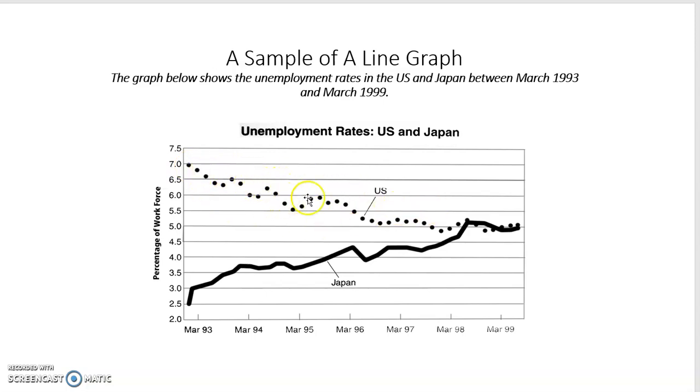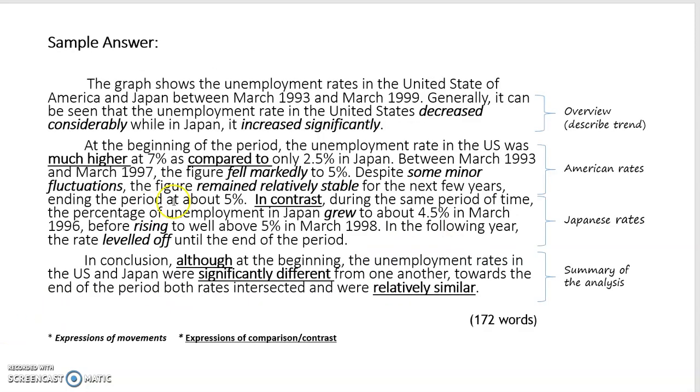In US it goes down, in Japan it goes up. So what happens in the body paragraph? Okay. So at the beginning here, we can see at the beginning of the period, the unemployment rate in the US was much higher at 7% as compared to only 2.5% in Japan.